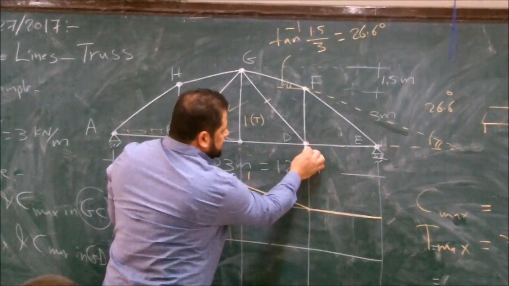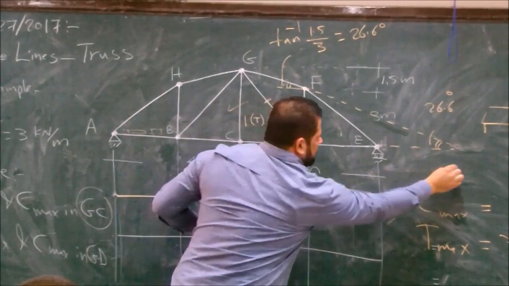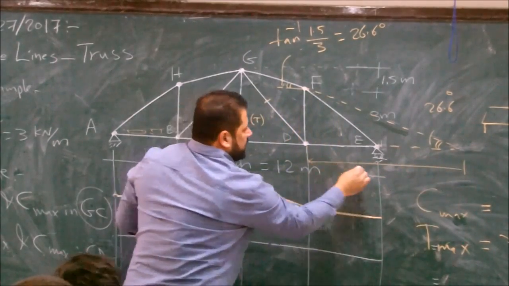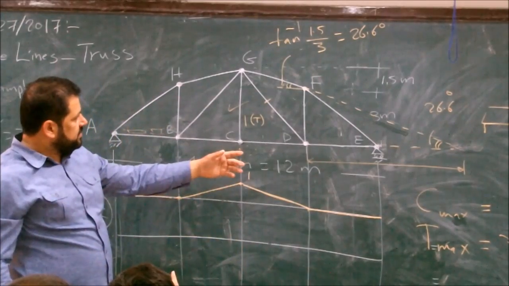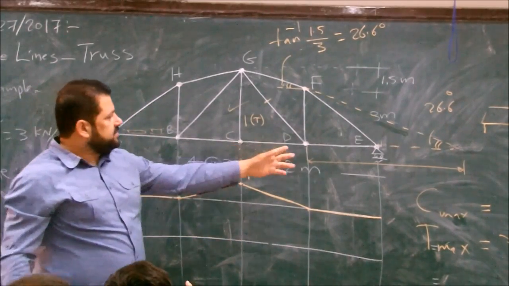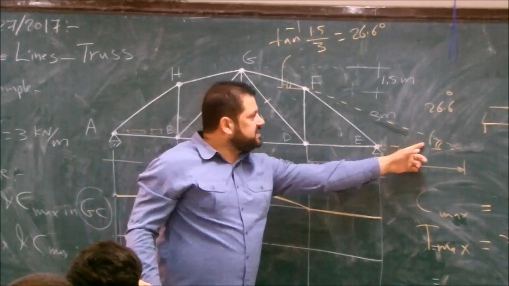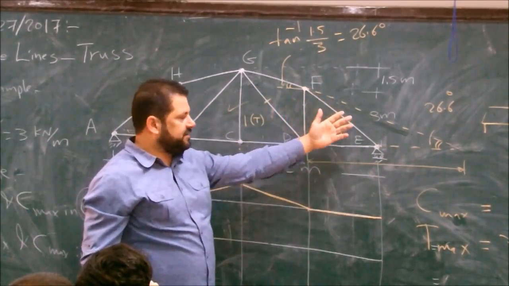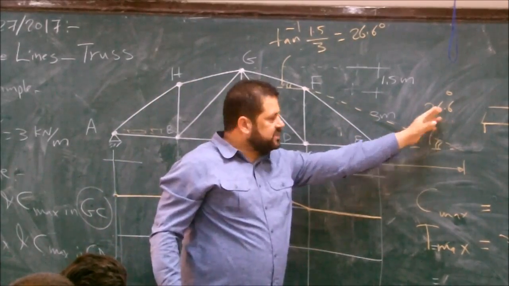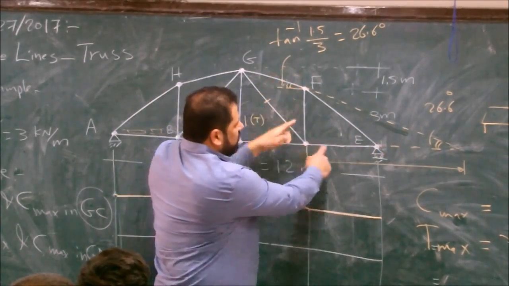we need this distance. Tan 26.6 equals 3 over this.